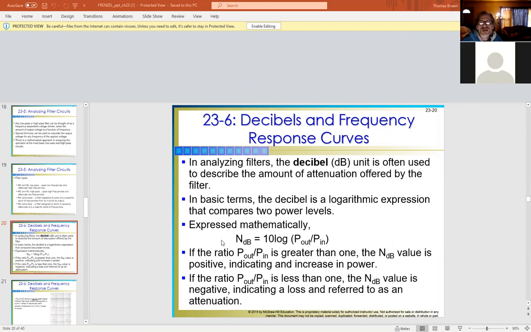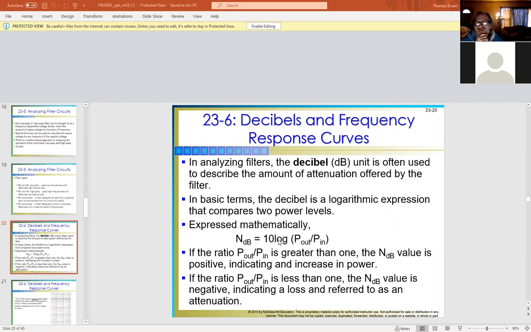Notice the formula, and we're not going to get into this, so don't get crazy. The ratio uses power: power out compared to power in, and we take what they call a logarithm. You wouldn't actually go through this like a mathematical formula. You would have a log table to look these up, and your calculators do logs right on the fly.